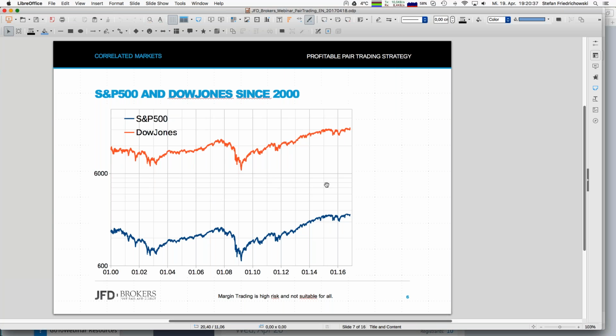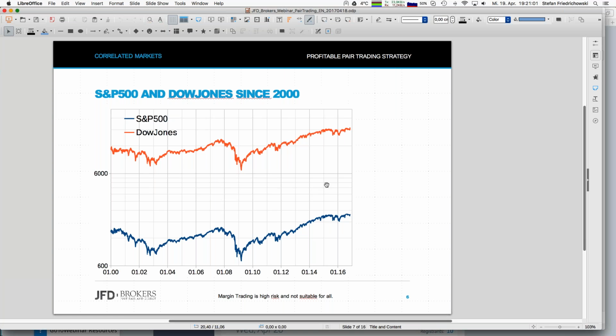And of course, they should be more or less identical. But the story behind the similar behavior of the S&P 500 and the Dow Jones is by far not as strong as compared to Brent and WTI.